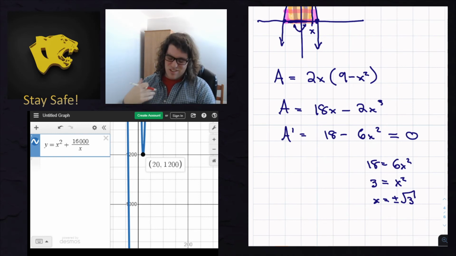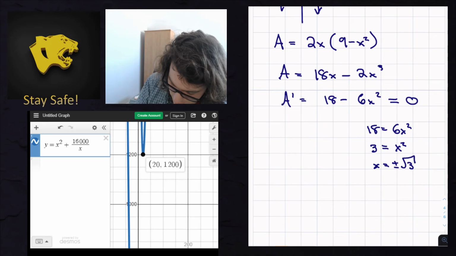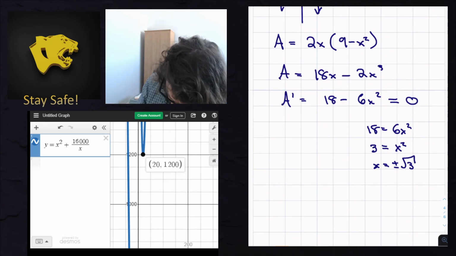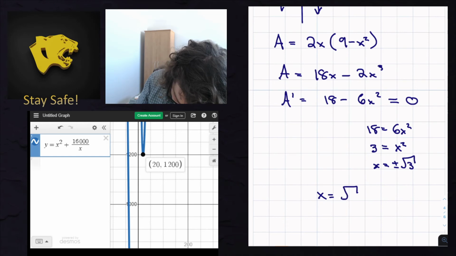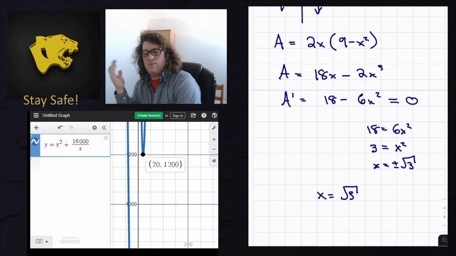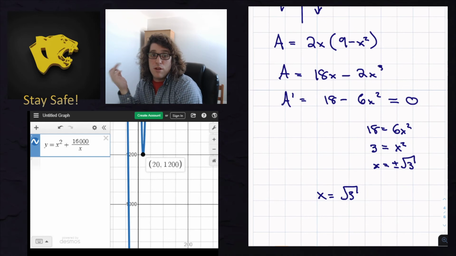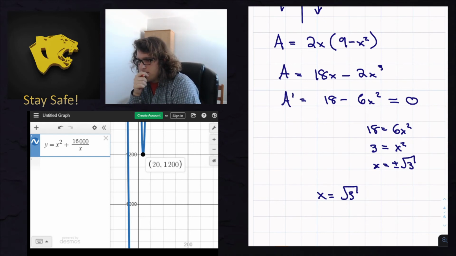I don't think that's really that important. So I'm going to just say that we found that it's positive root 3. And I'm going to say x values that are smaller than 0 don't really matter because it's symmetrical anyway. So here we go. x is equal to square root of 3.